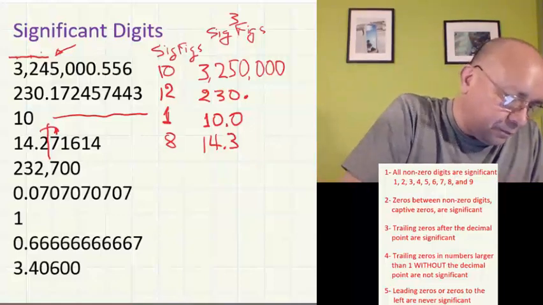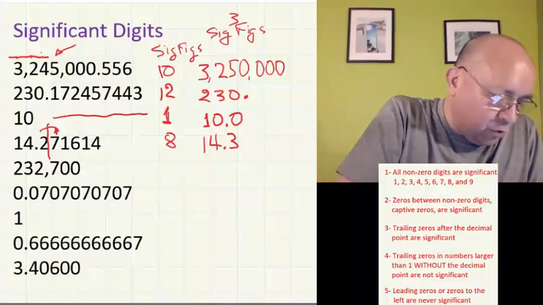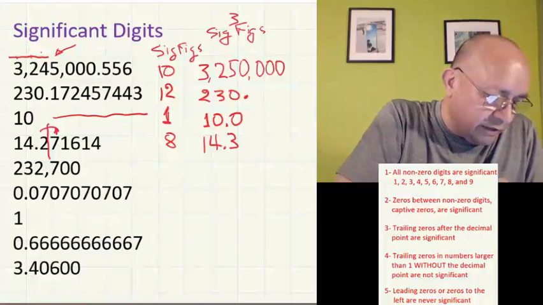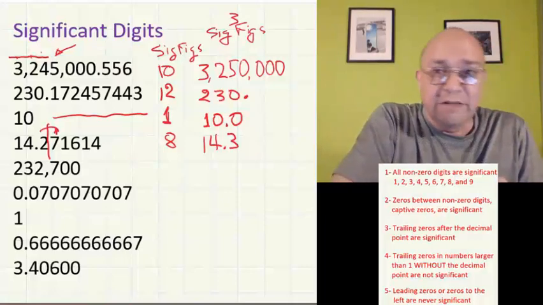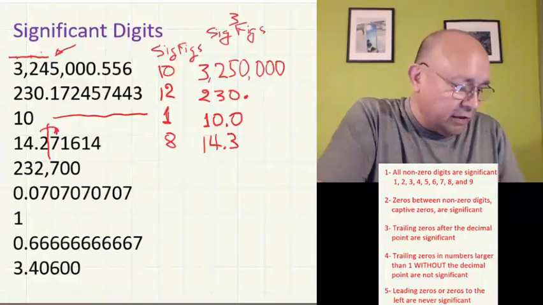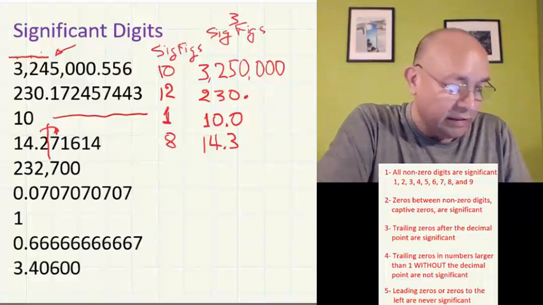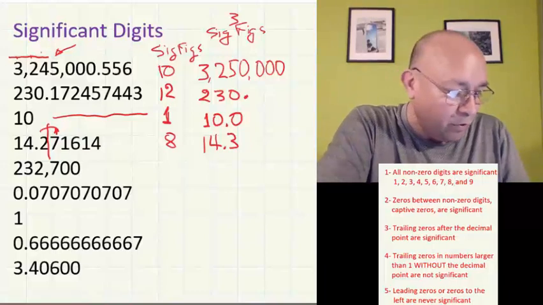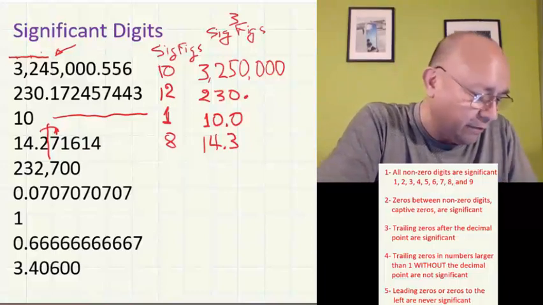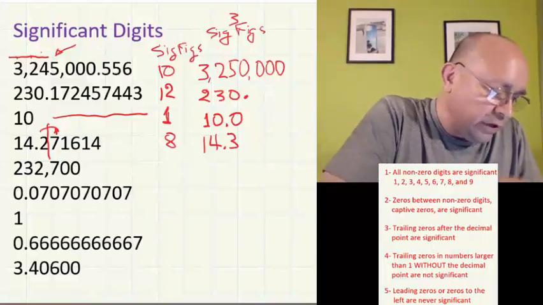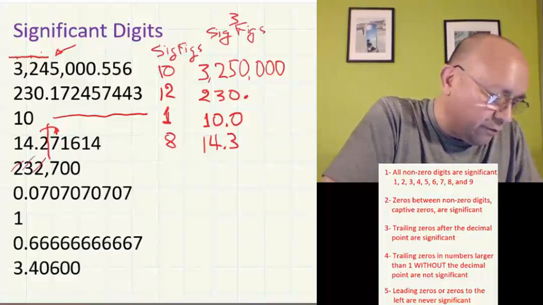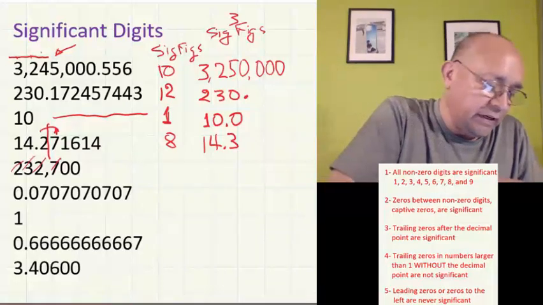Let's continue. 232,700. How many significant digits do we have here? These zeros for a number larger than 1 that does not include the decimal point are not significant. So here we have only one, two, three, four significant digits.